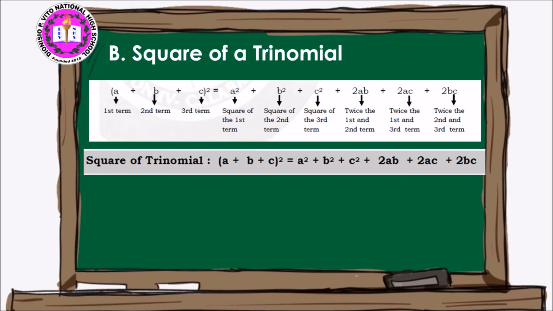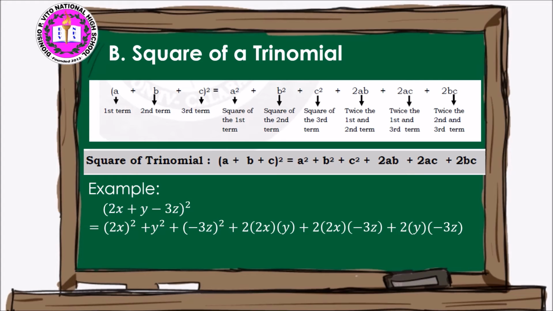Therefore, (a + b + c)² is equal to a² + b² + c² + 2ab + 2ac + 2bc.